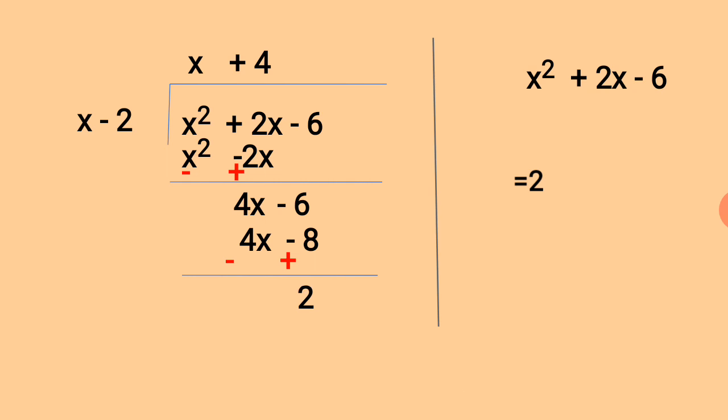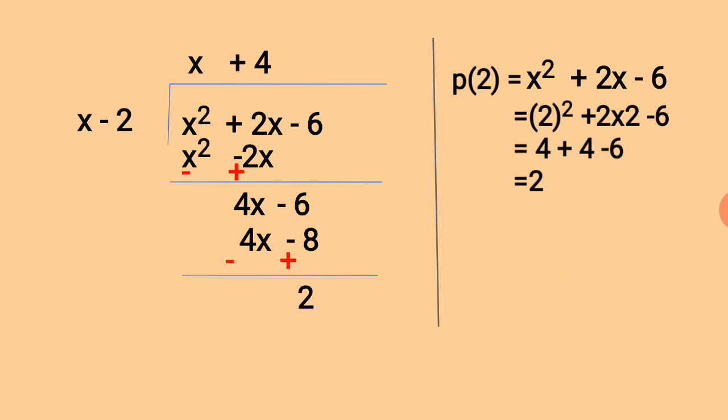Let us try the other part, children. Now let us find p of 2. Here, when I substitute 2 everywhere, I get the remainder as 2. Why have we taken p of 2? Because our divisor is x minus 2. So we equate it to 0 and we get x equal to 2. That is why here we have found p of 2, and when we solve it we get the answer as 2.